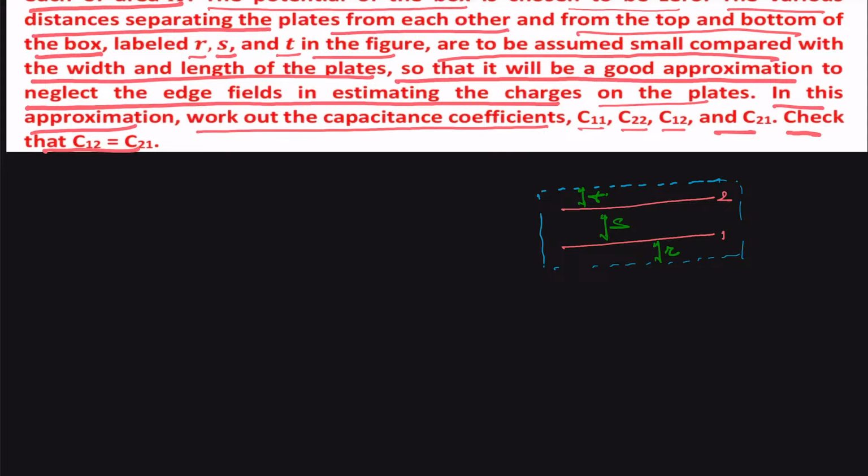So we are going to start it because from the figure we can easily see that this is nothing but a kind of parallel plate capacitor, a combination of parallel plate capacitors. So we are going to start from the bottom part.